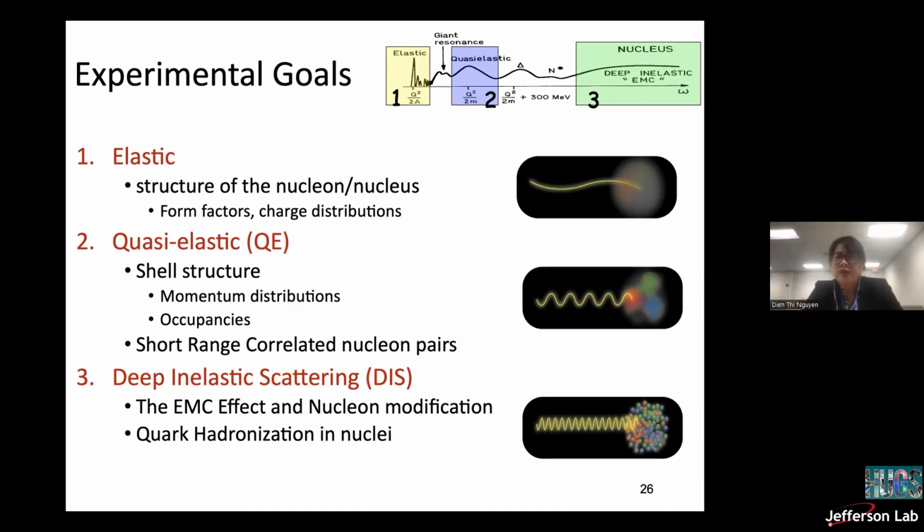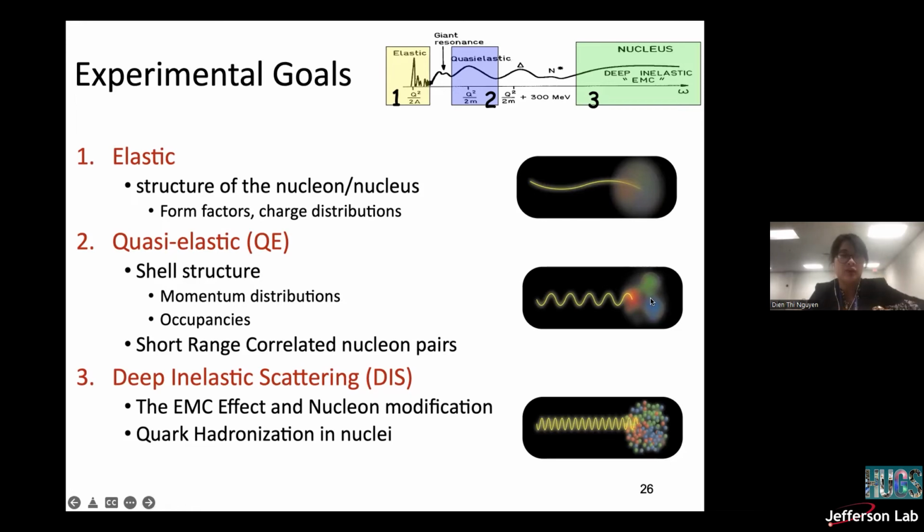Now what is different in quasi-elastic? What exactly does that mean? In a simple way, quasi-elastic scattering is the electron coming in and elastically interacting with a single nucleon inside the nucleus.